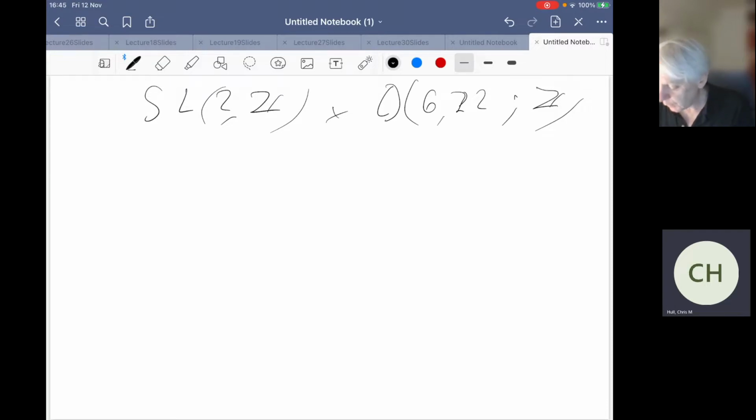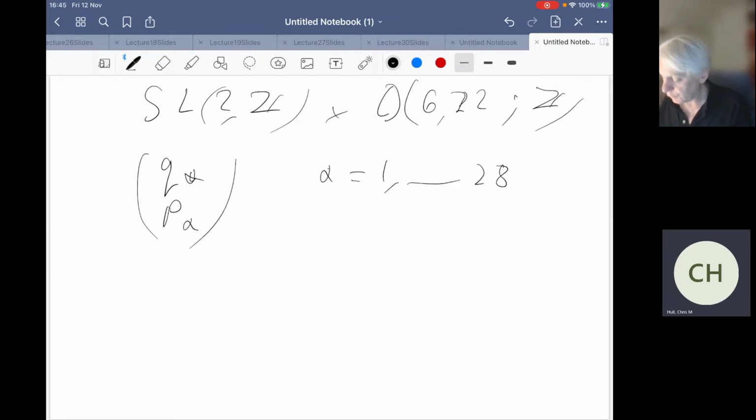And we have charges Q_alpha, P_alpha, where alpha goes from 1 to 28, so that these are in the (28,2) of SL2 cross O(6,22). The T duality we talked about before, and the SL2 acts as this electromagnetic duality we've just been talking about.